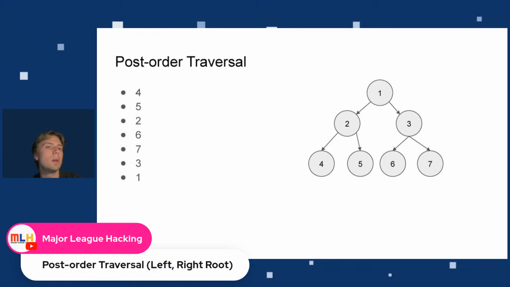And then we can go up to the left once again. So we would go to 6, that's the leftmost now. And then go to the right, which would be 7, that's the rightmost. And then we go to the root. And then once we do that, we've traversed basically everything except for 1. So of course, then we're going to traverse 1 at the very end.